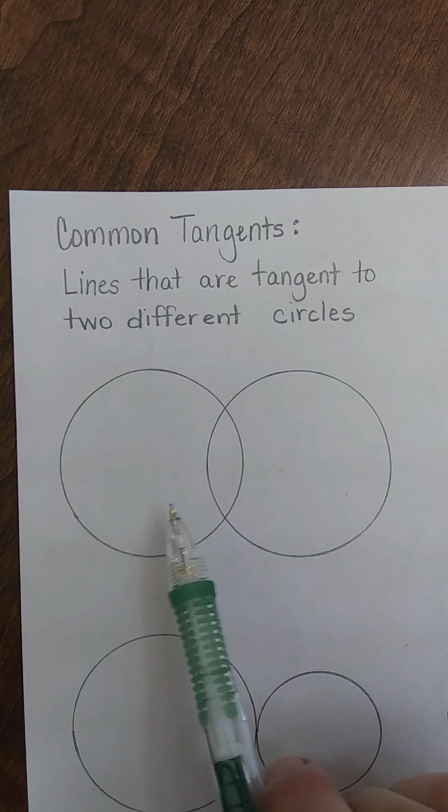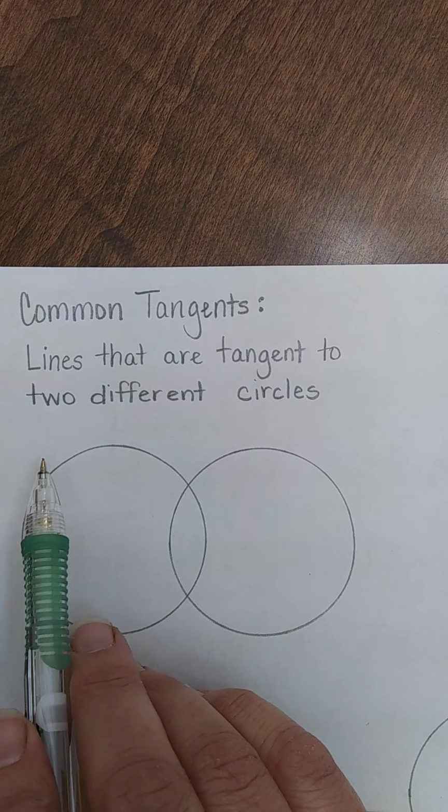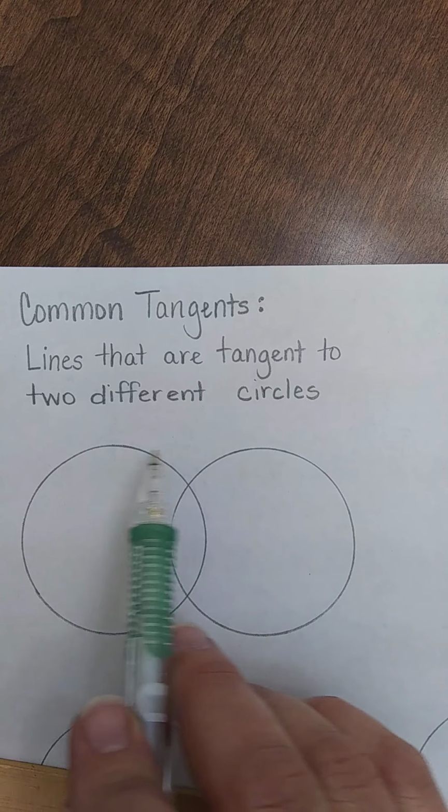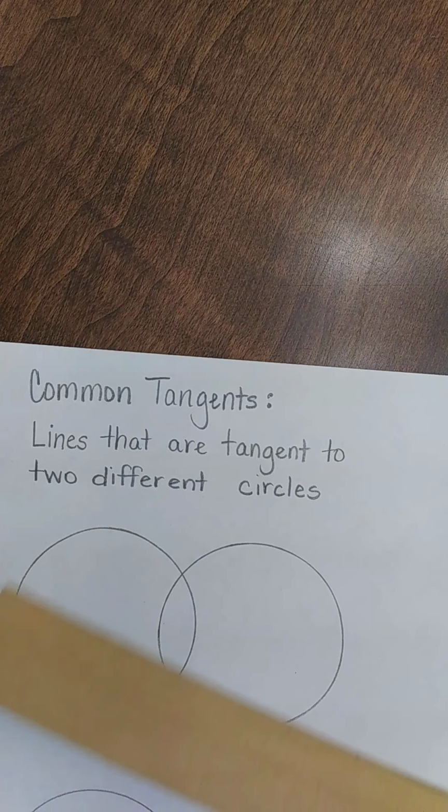So when we have overlapping circles, if I were to draw a line, I'll call it the top, I don't really have a better term for that, but if I were to draw a line up here across along the top of those two circles, I gotta get where my straight edge will work.